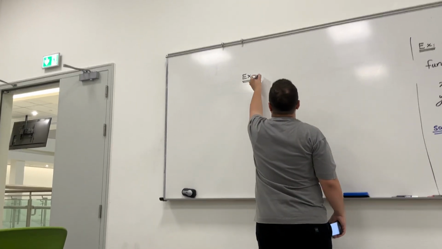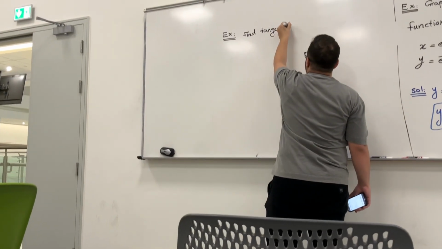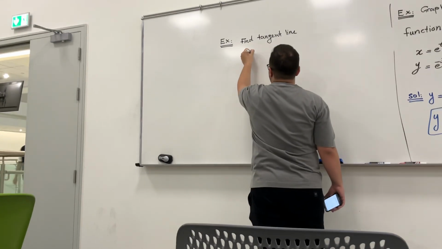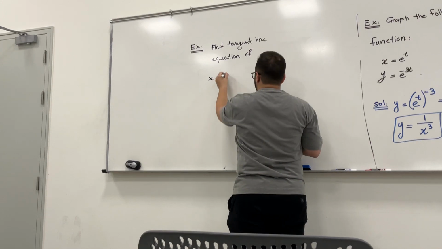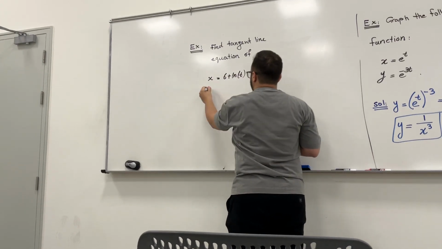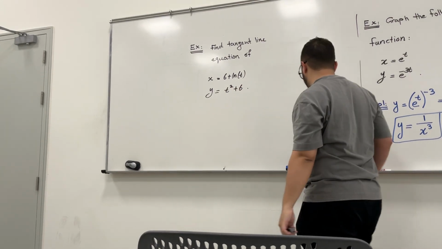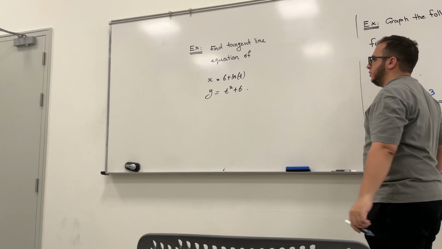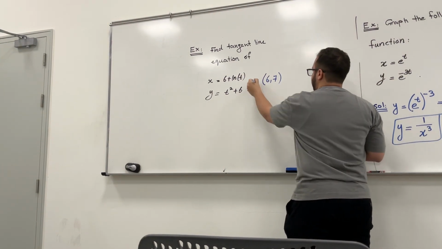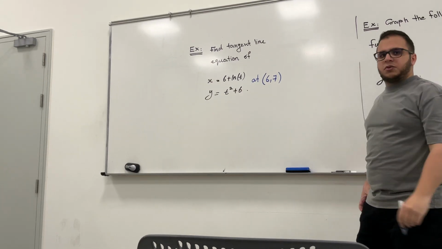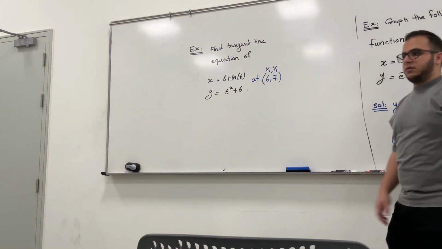Find the tangent line equation of x equal 6 plus ln t, y equal t squared plus 6. And then he gave you also the point. So the point is 6 and 7. So he gave you x1 and y1 in a way, right? Not t.